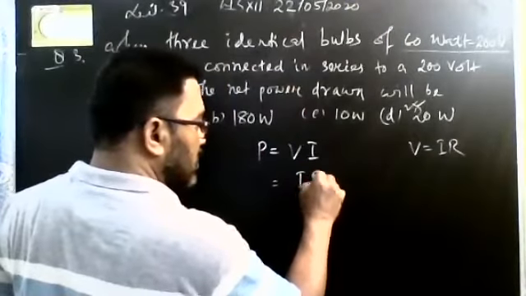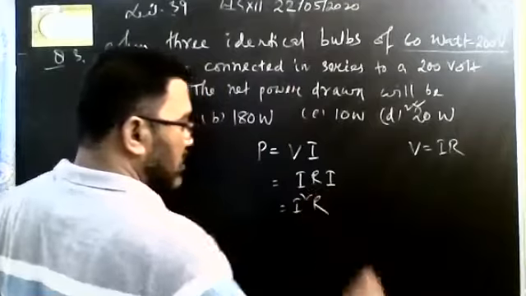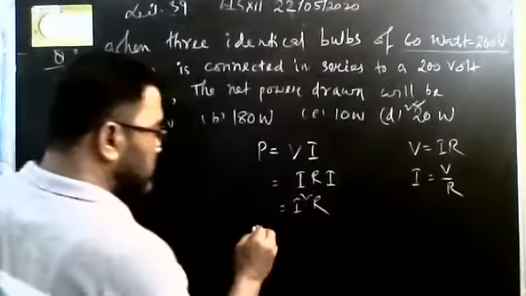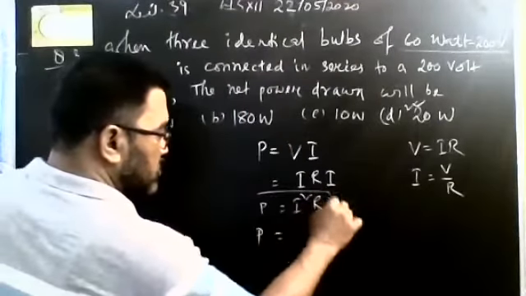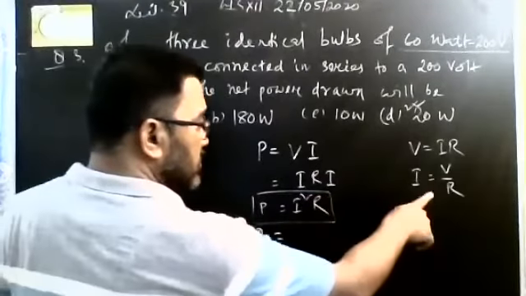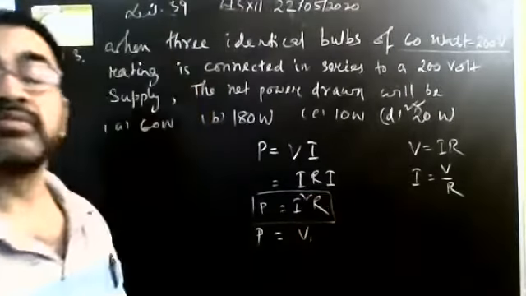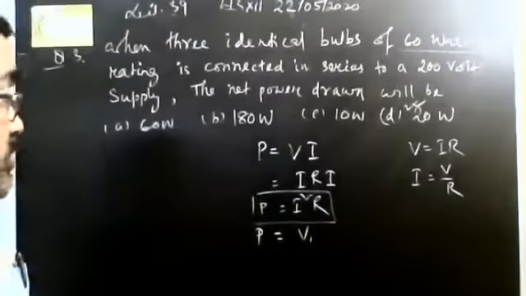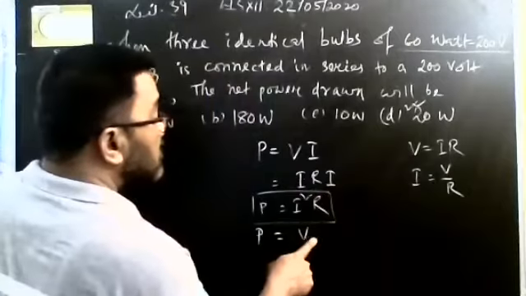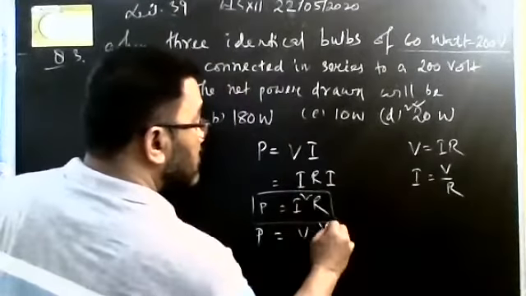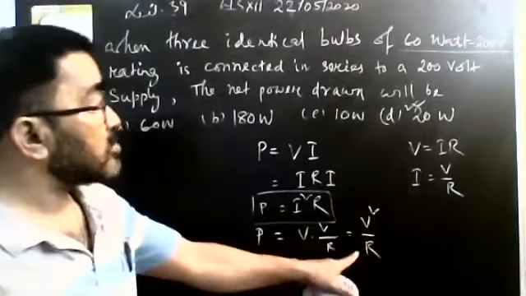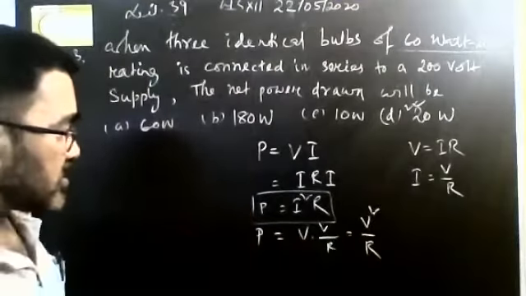So I into R into I, it will be I square R. Also I is equal to V by R. If you put that in, power is equal to V square by R. So power is equal to V square by R. It is a relation. You have three relations.